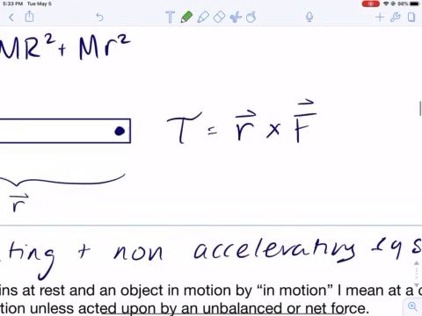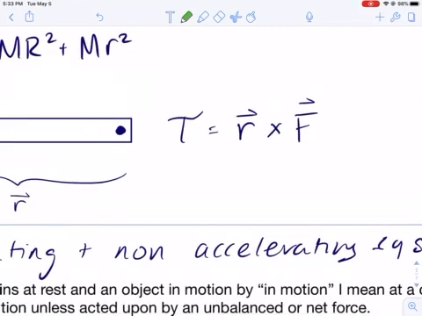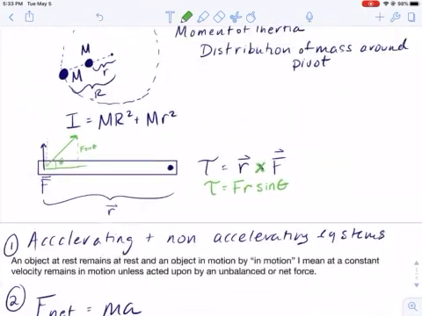Okay, so once you have taken force and done some fancy footwork to convert it into a rotational value, and once you have taken mass and done some fancy footwork to turn that into a rotational value, now what we can do is take Newton's second law and apply it to a rotating system.